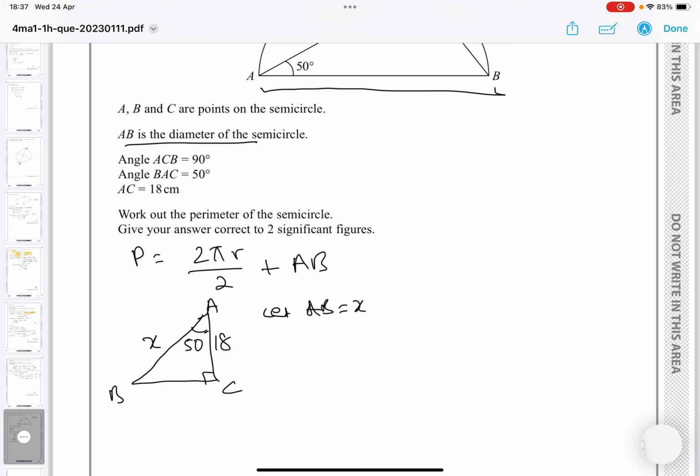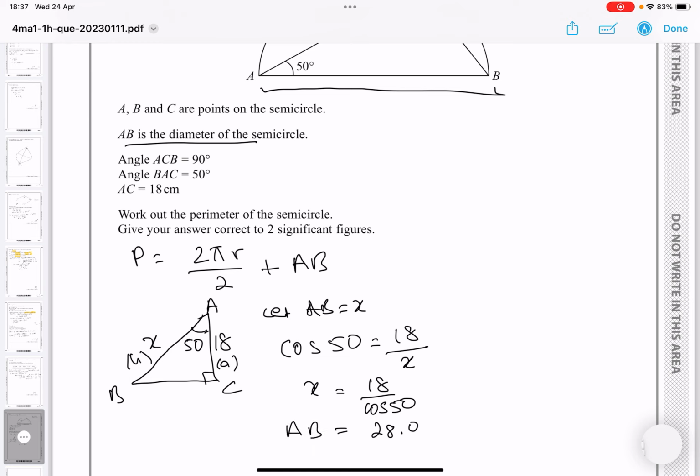So this length is adjacent to the angle, this is the hypotenuse, so SOHCAHTOA, this is cos, okay? So cos 50 equals adjacent over hypotenuse. So now we just need to solve for x, which will be 18 over cos 50, and gives an answer of 28, which is also the length of AB, okay? Because we labelled AB as x.